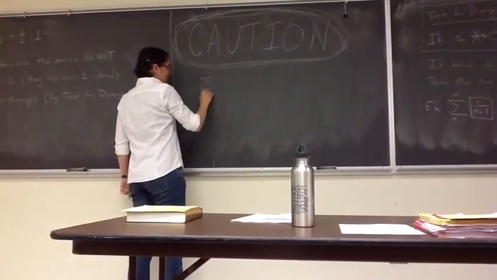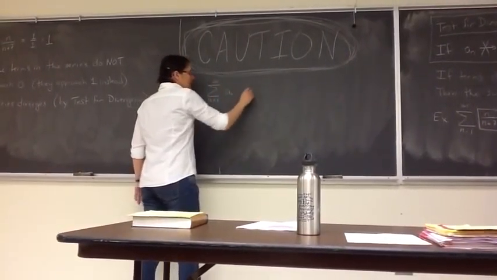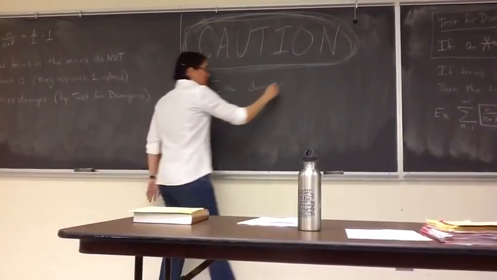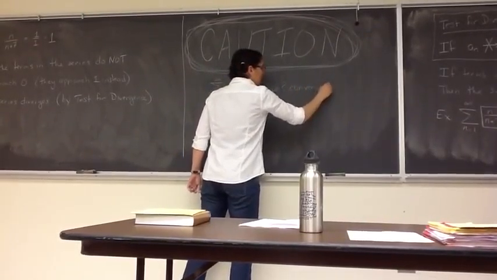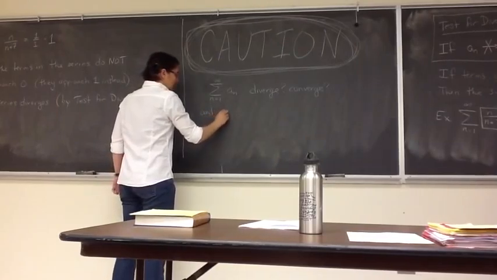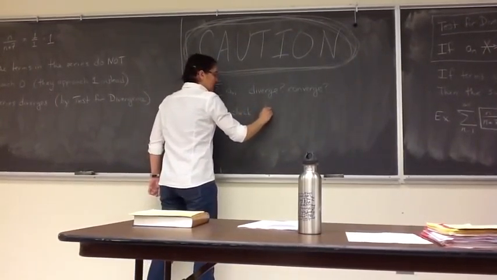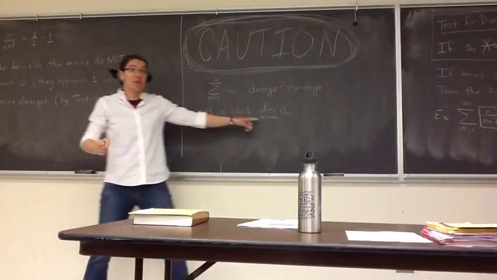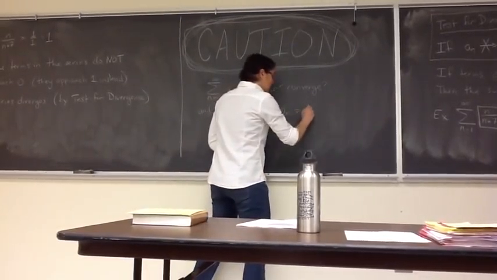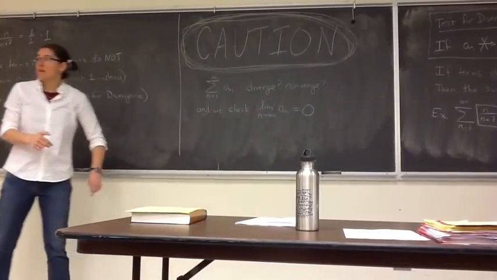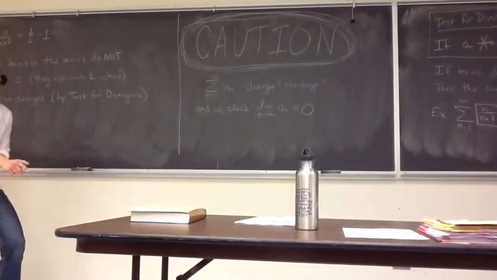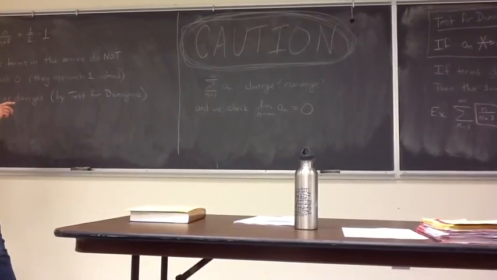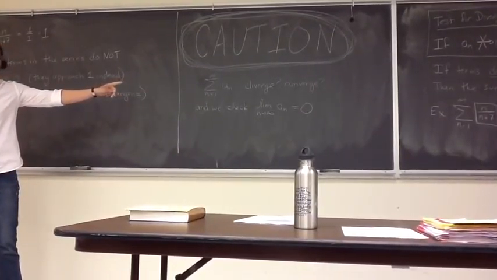On the other hand, if we're looking at the sum where n goes from 1 up to infinity of an, and we want to figure out does this particular series diverge or converge, and we check that the limit as n goes to infinity of our terms, if we check this and our terms do in fact go to 0, that does not tell us that the series converges.